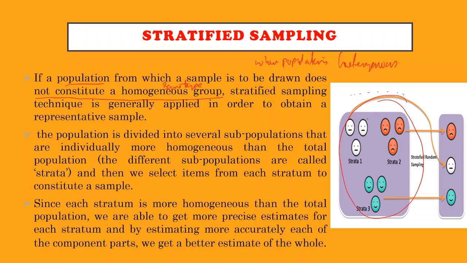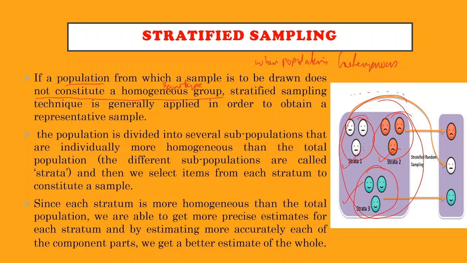We will divide that population into some subpopulations. These subpopulations, or the items in a subpopulation, have similar characteristics, right? So this is called one stratum, this is the second stratum, then this is the third stratum. That means the items within a stratum have the same characteristics, or homogeneous items will be there.